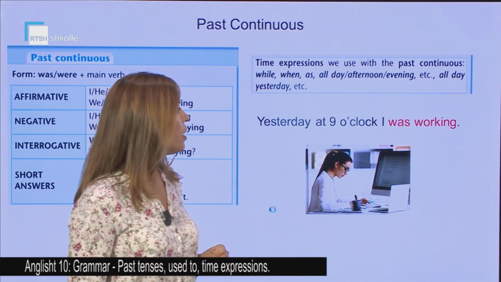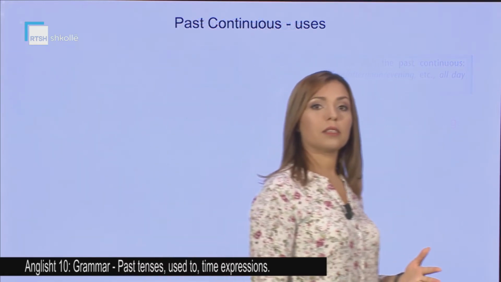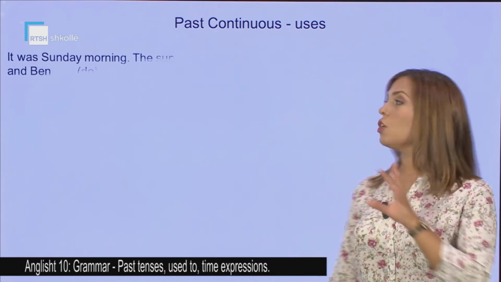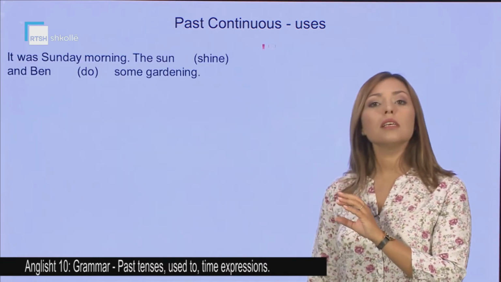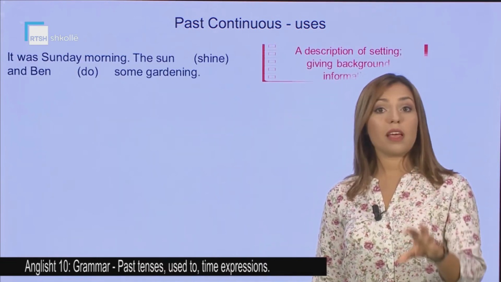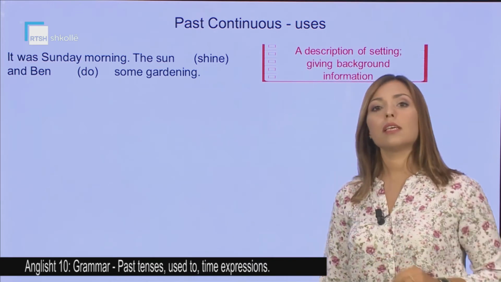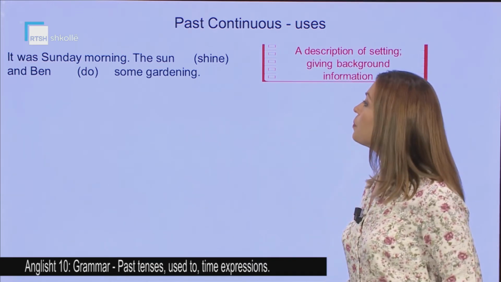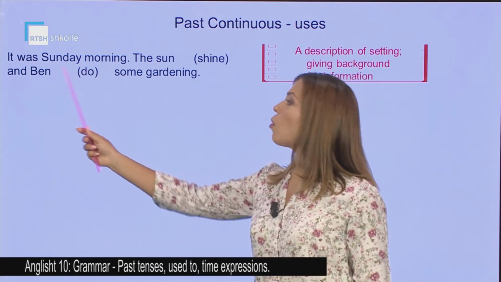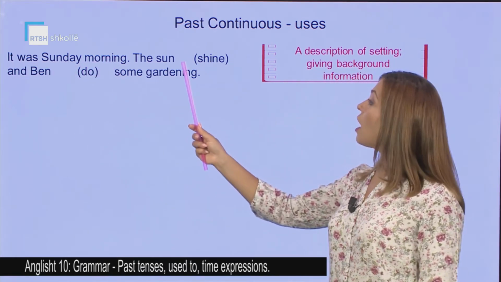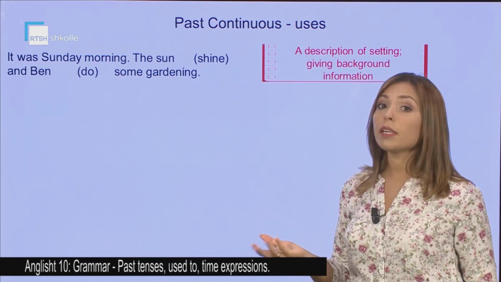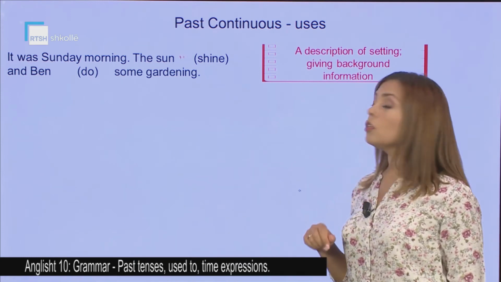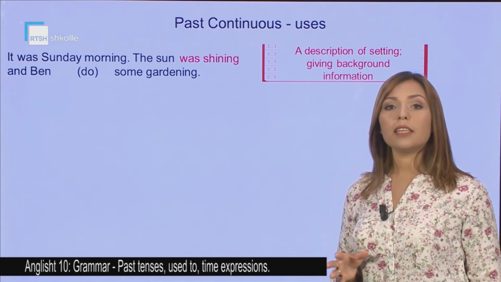Okay, let's go now and practice, which means, again, you find the sentences and you try to find the answer. And also we can see the uses as well. It was Sunday morning. The sun, what was happening? The sun was shining.